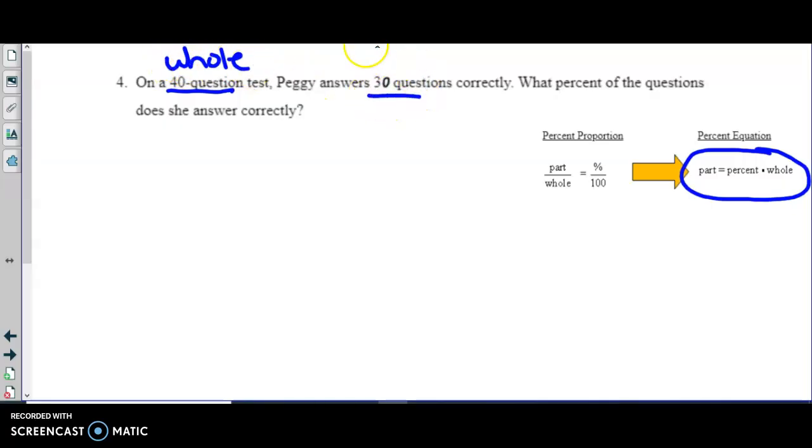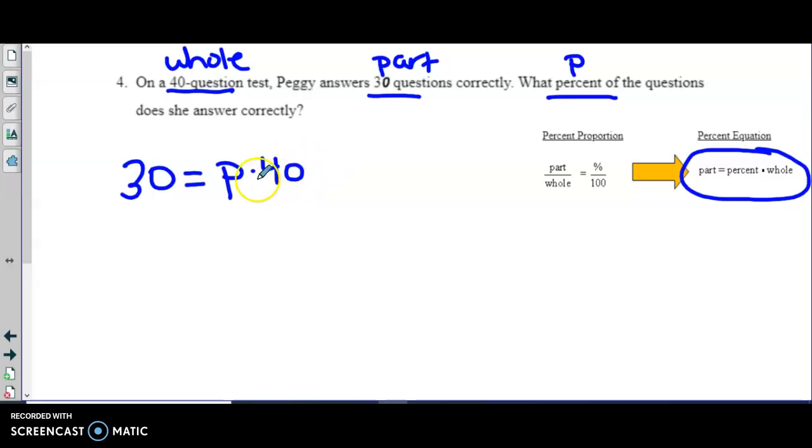She answers 30 questions correctly. That's the part. And we want to know the percent, so we don't know that yet. So I'm going to plug it into my formula. Part is 30 equals percent, we don't know it, times whole, which is 40. And they use a dot. You can use a dot or you can use parentheses.